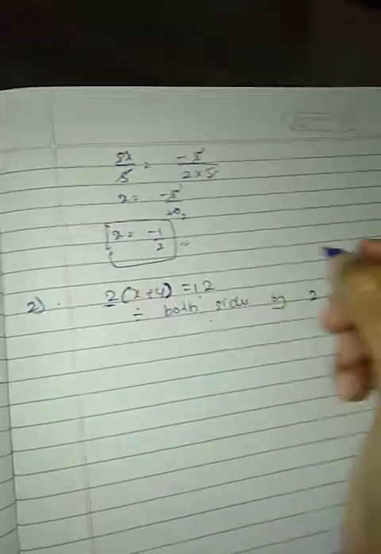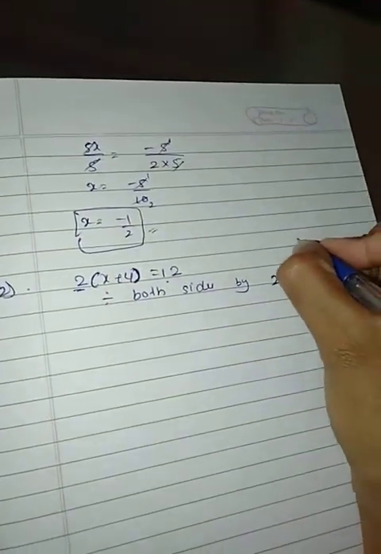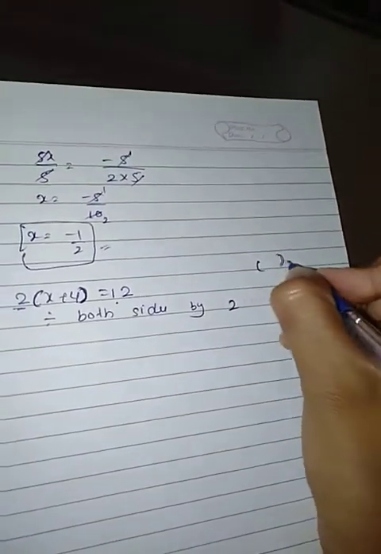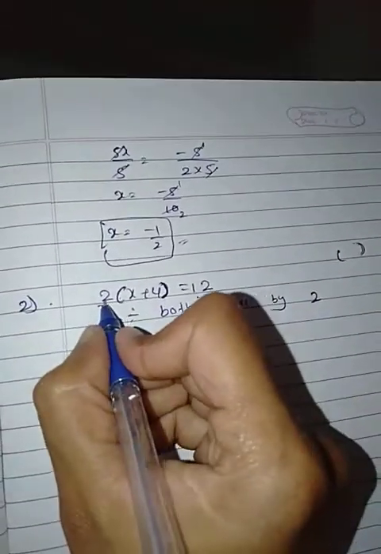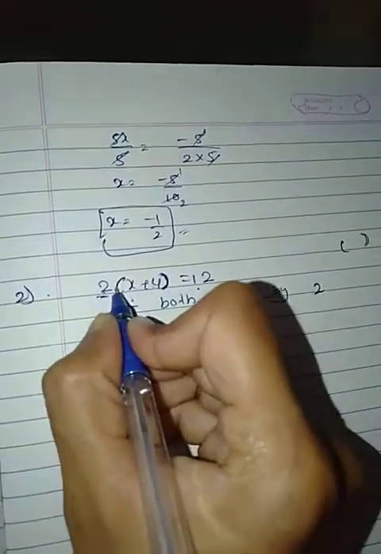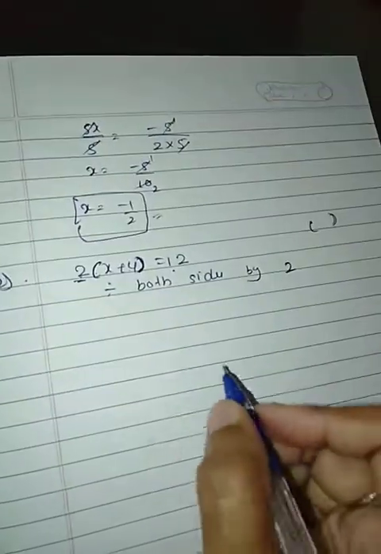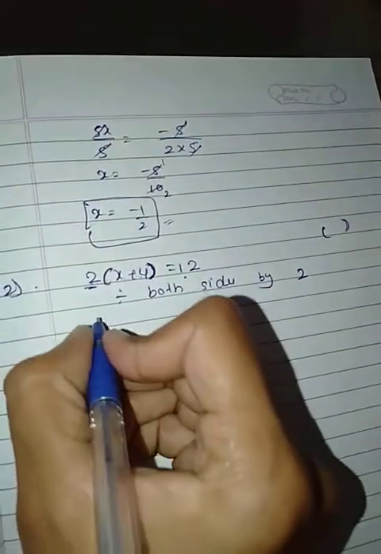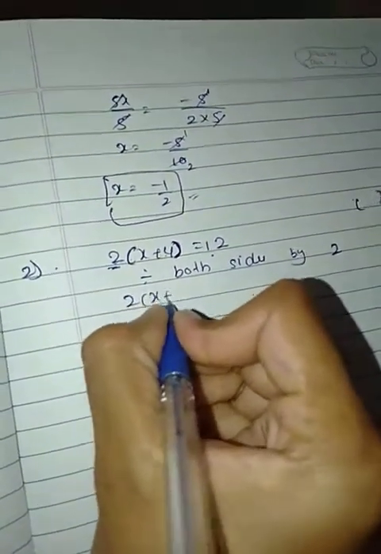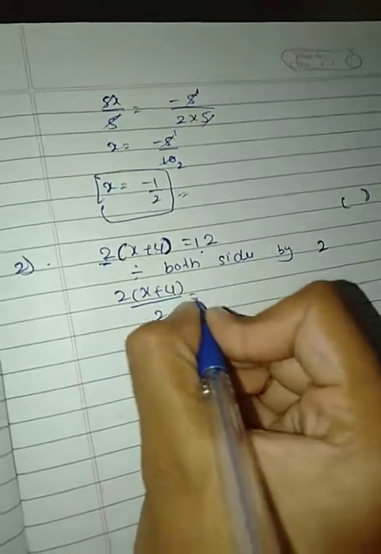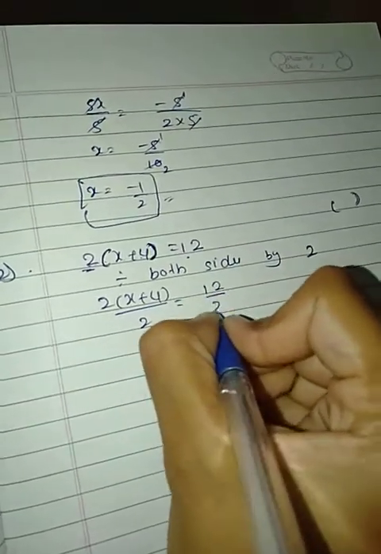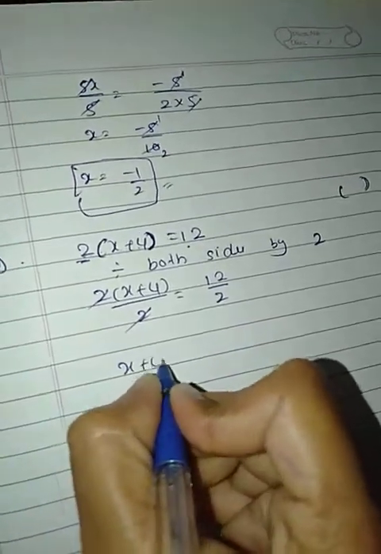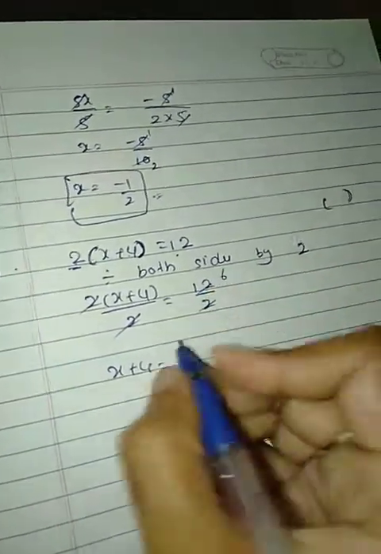You should remember that if you write any number in a bracket, this bracket represents multiplication. So here multiplication is there, so we have to divide by 2 on both sides. So that is 2 into (x plus 4) divided by 2 and here 12 by 2. So 2 cancelled out, we get x plus 4 is equal to 6.